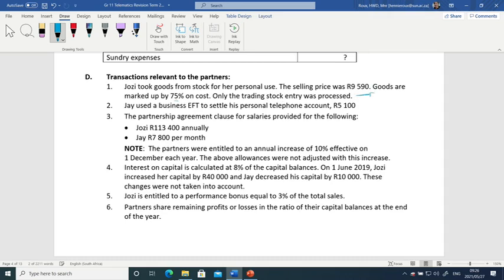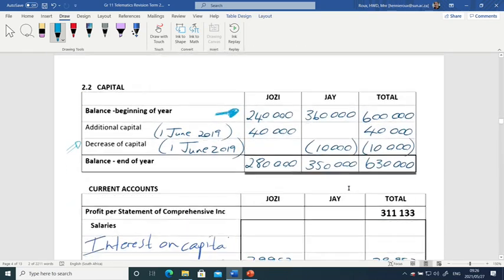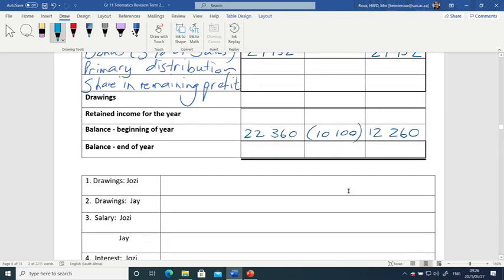If one of the owners took stock, we know we must debit drawings and we must credit trading stock. So that would have influenced the statement of comprehensive income. But they said it was processed, so that's fine. We know when the owner takes, it is at cost price, so we must calculate the cost price of what he took. And let's show that calculation here at the bottom.